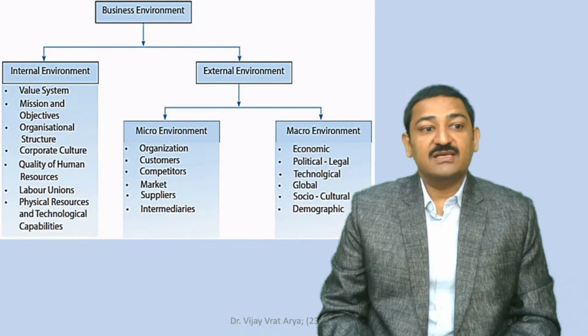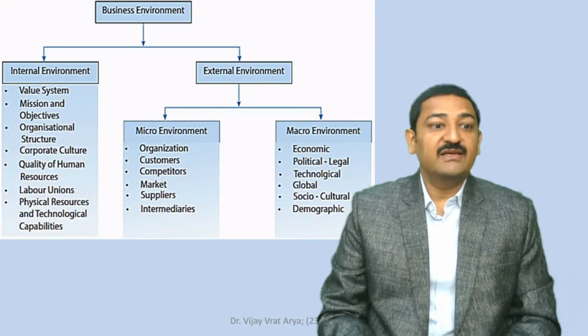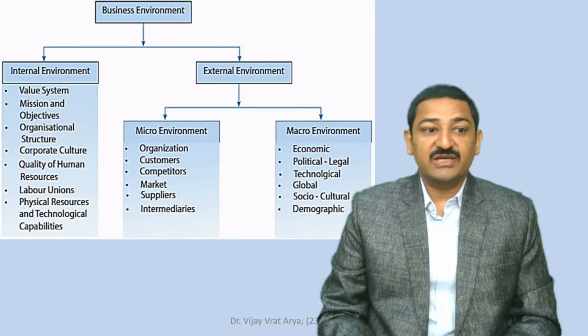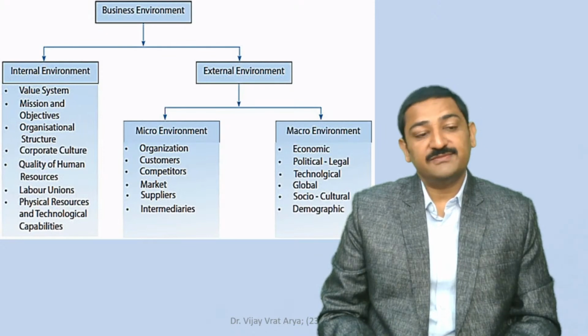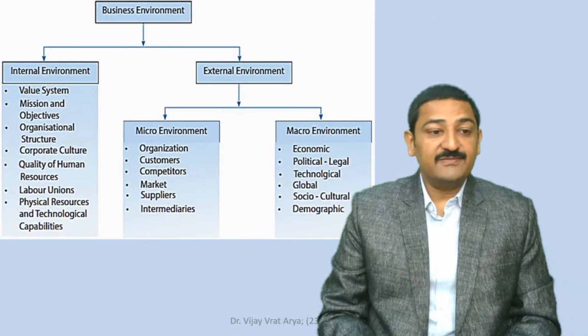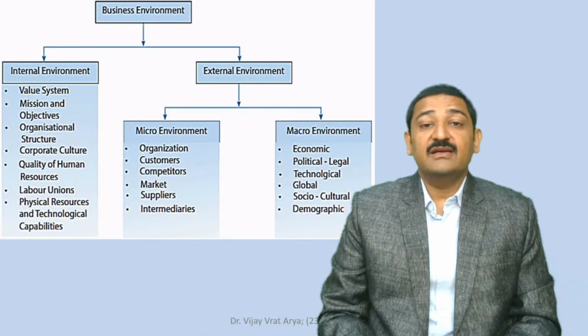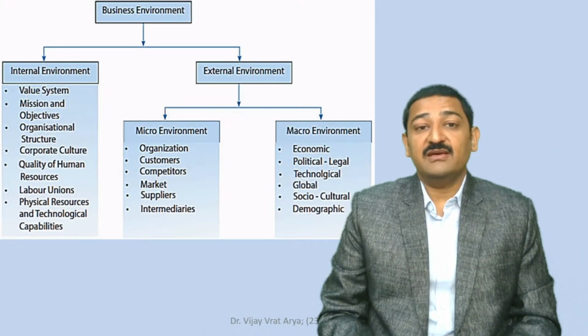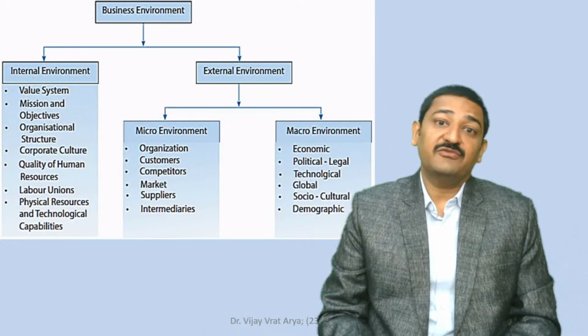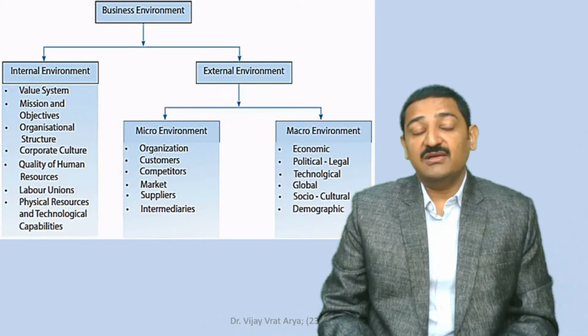The organization can monitor and analyze it from its own resources, like the value system, mission and objective of the organization, organizational structure, corporate culture, quality of human resources, and the scope of making improvisation.